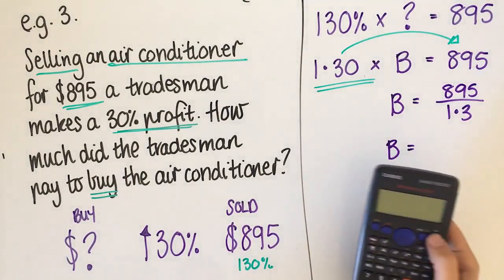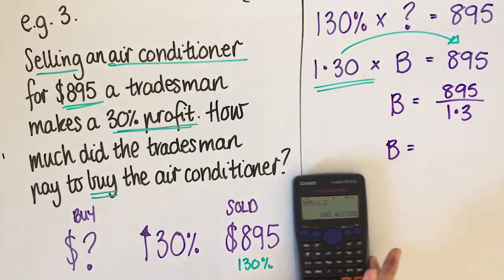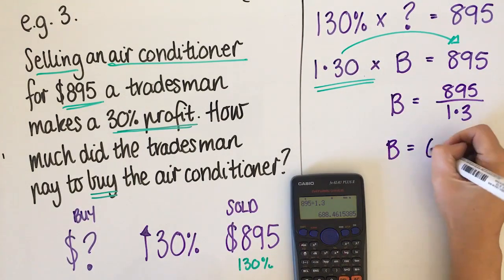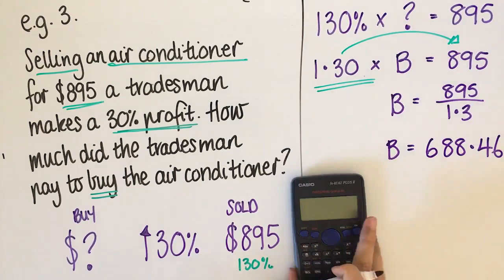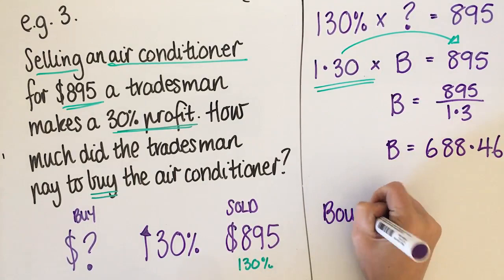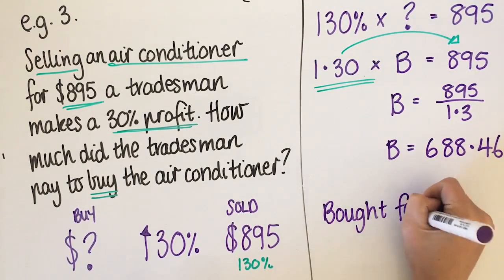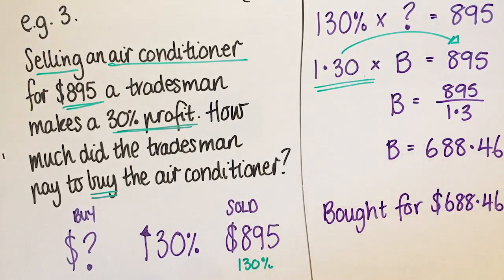On my calculator, I'm going to go 895 divided by 1.3, and that's going to give us 688.46. So I can say the tradie bought the air conditioner for $688.46, because I used my knowledge of percentages and rearranged my formula to get my answer.